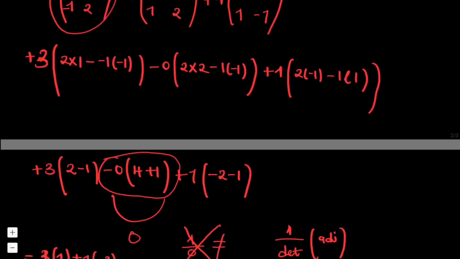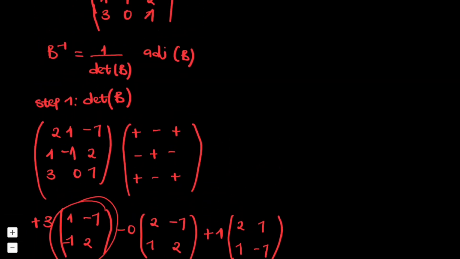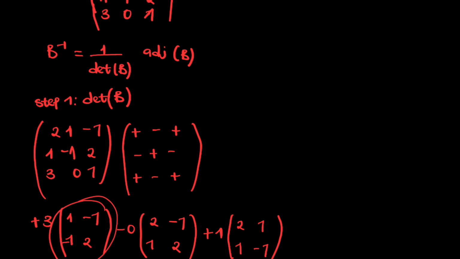So remember, to find the inverse of a matrix, the formula is 1 divided by the determinant of that matrix times the adjoint of the matrix. And if you have a determinant which is 0, then that matrix does not have an inverse.